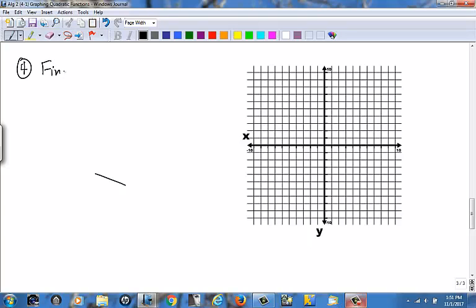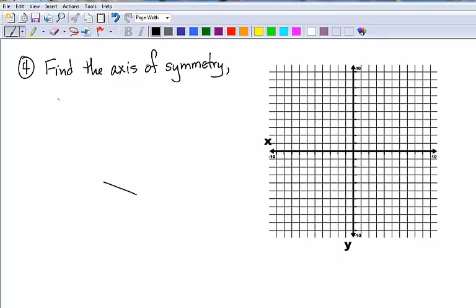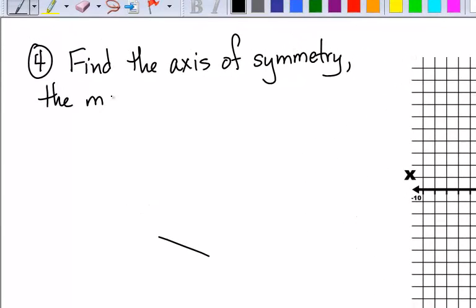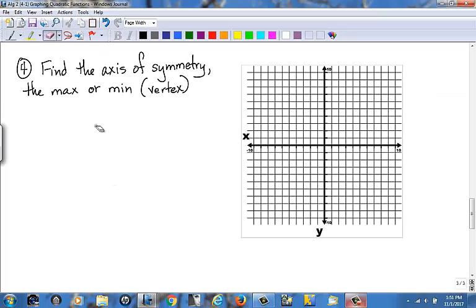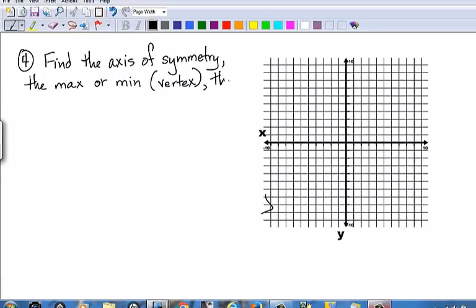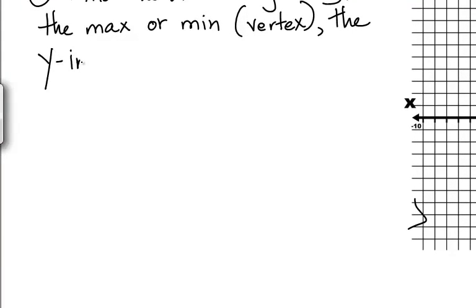It's going to say find the axis of symmetry, the max or min, and that is called your vertex. The vertex has to be on the axis of symmetry. If it's not, you've made a mistake. Then the y-intercept, and then the domain and the range.